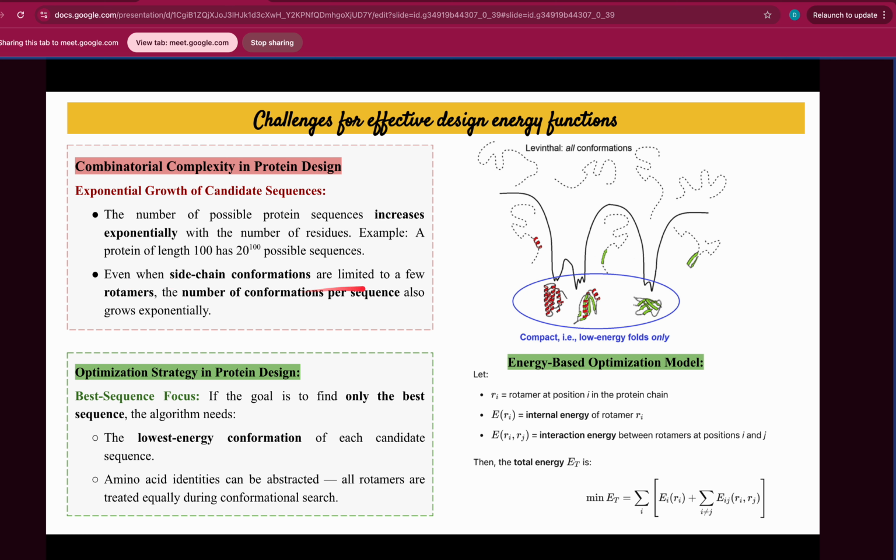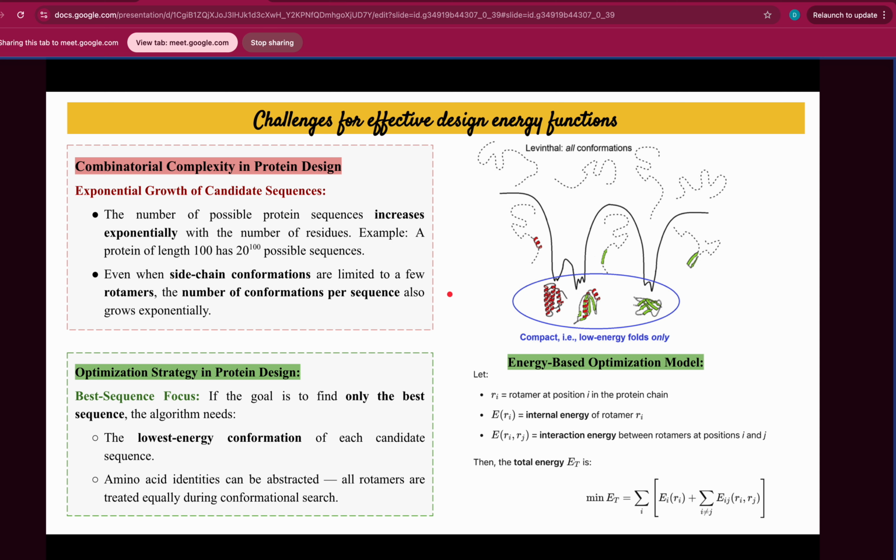Even when side chain conformations are limited to a few rotamers, the number of conformations per sequence also grows exponentially. So the larger the sequence, the more conformations are possible. Even if we have a Ramachandran plot, the possibility is still very high.